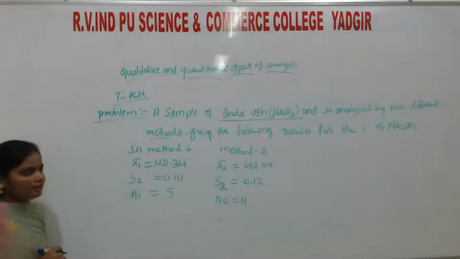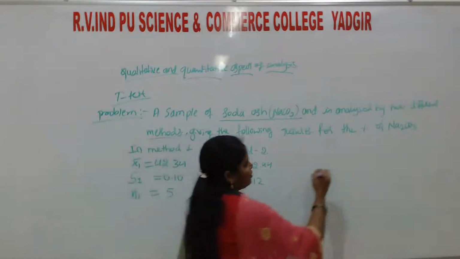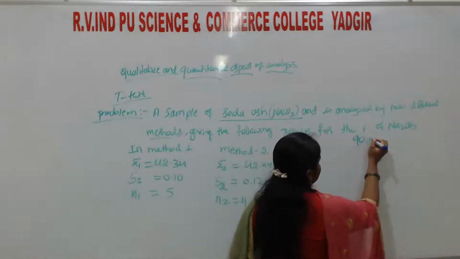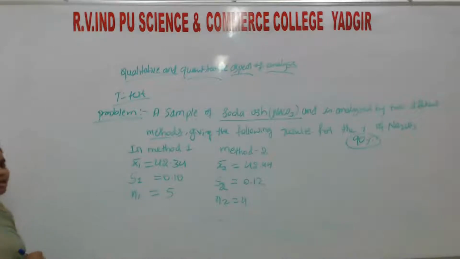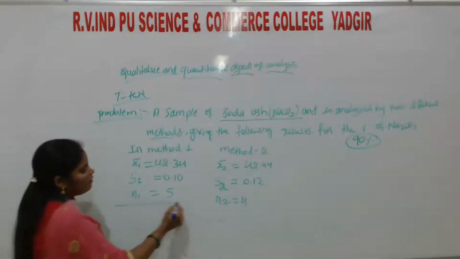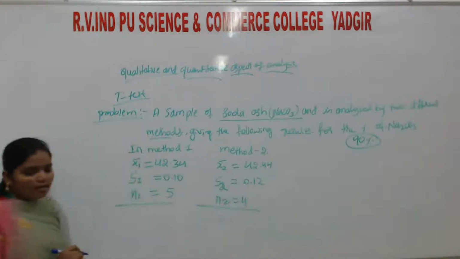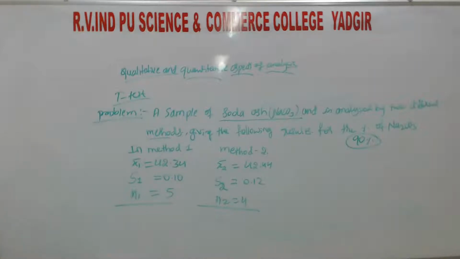You calculate at 90% confidence. Take these given data values and apply the t-test, or calculate the t-value.